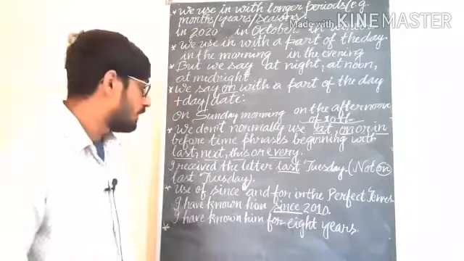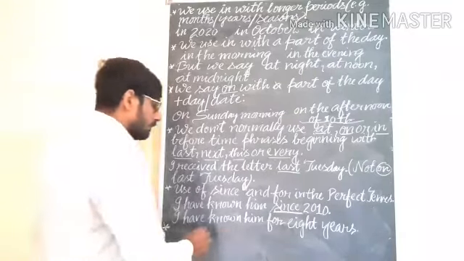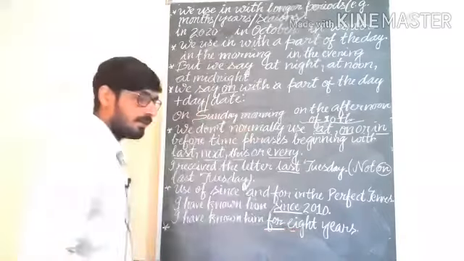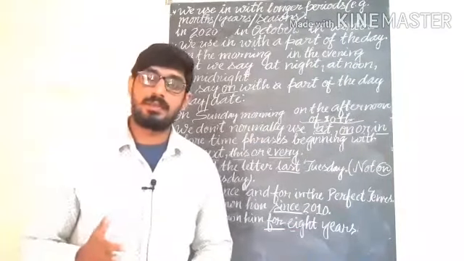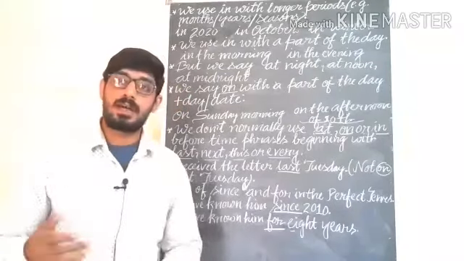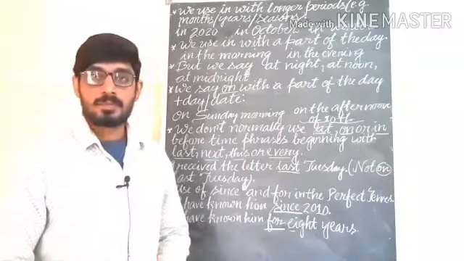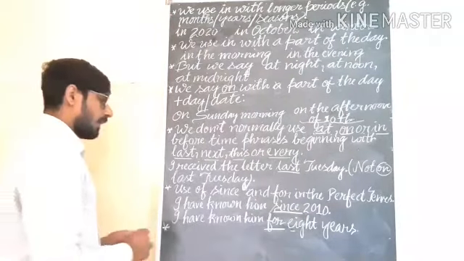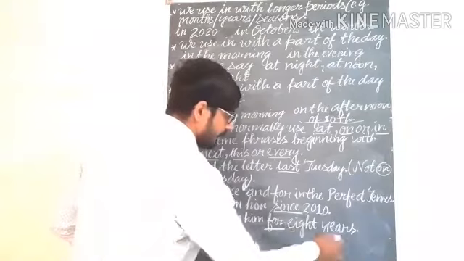I have known him for 8 years. We will use for period of time, duration of time: 8 years, 2 years, 1 hour. So I have known him for 8 years.